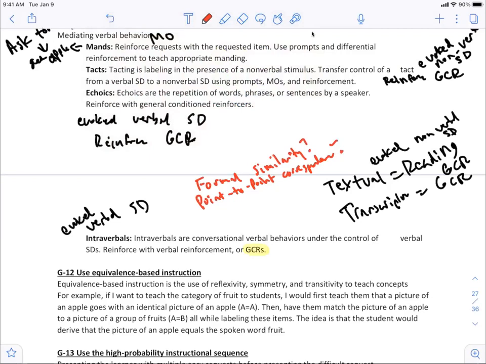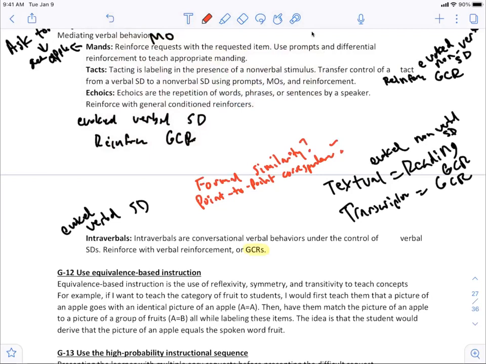Now, they might be point-to-point correspondence because they're the equivalent. Echoics are both formally similar and have point-to-point correspondence because they look the same and they are identical. You're matching exactly what I'm saying. Very important to know, does it have formal similarity? Does it have point-to-point correspondence?